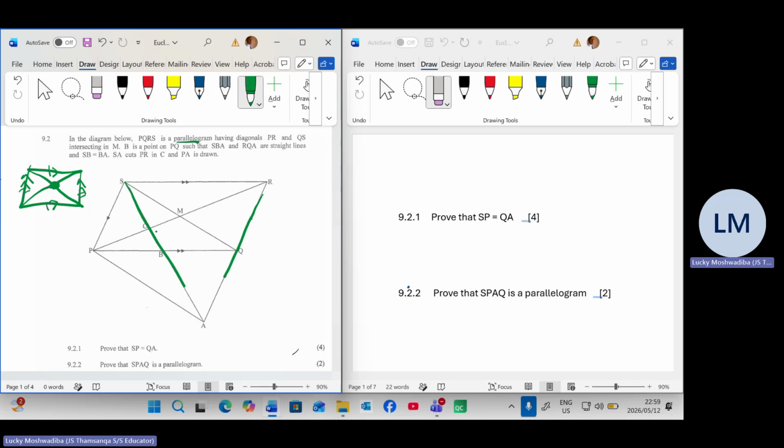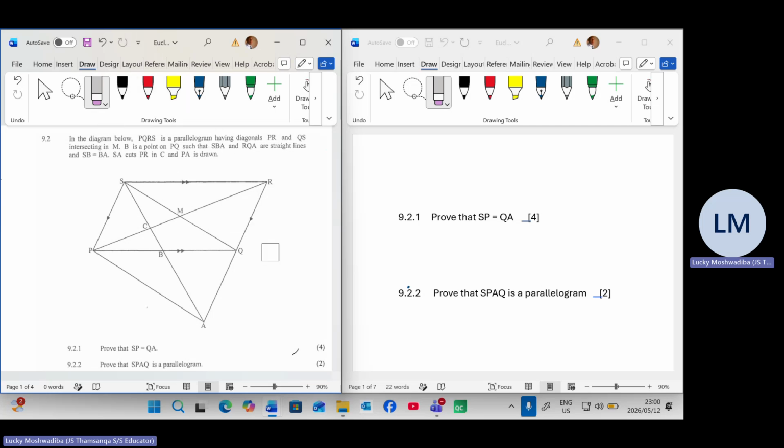We are further told that the length of SB is the same as the length of BA. Hopefully, we will use that information. Let me remove everything here. Don't forget that SB is equal to BA in case we have to use that information.